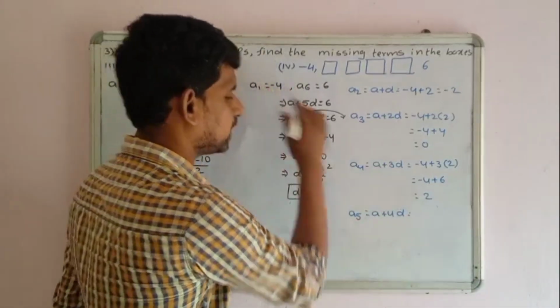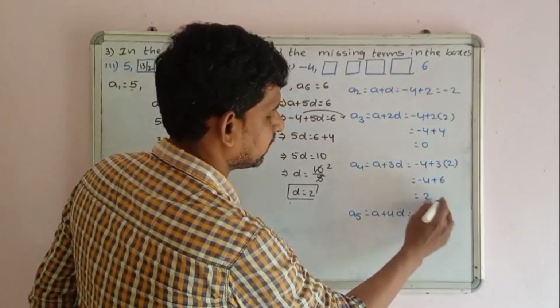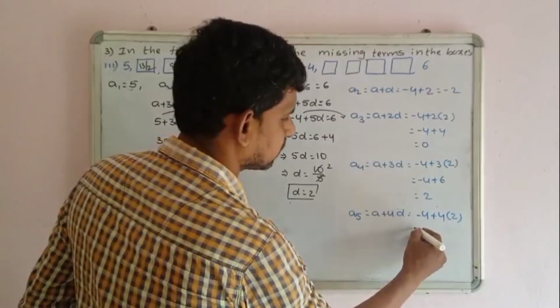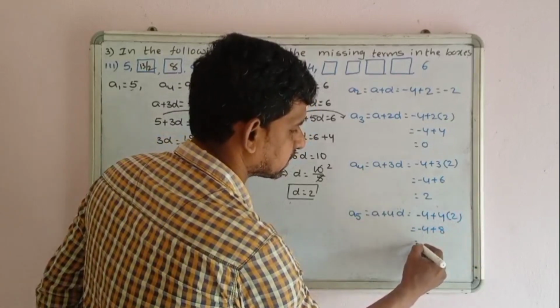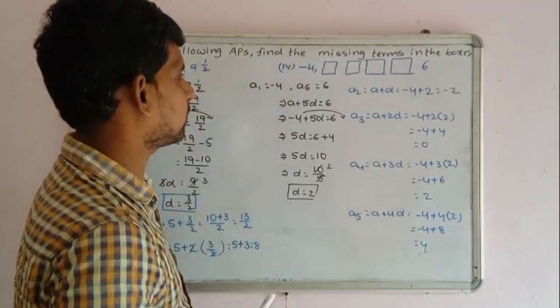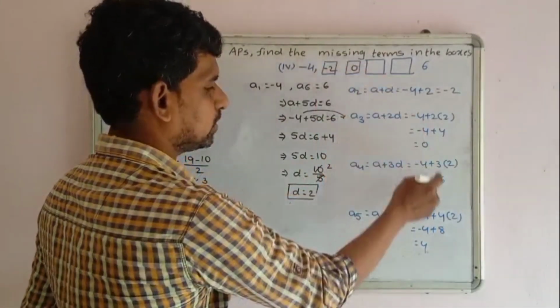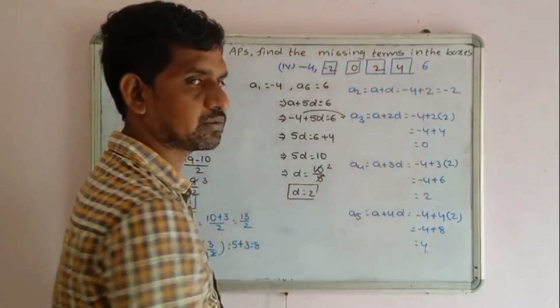So A value minus 4 plus 4 times D value 2. So minus 4 plus 4 2s are 8. 8 minus 4 is 4. So the value of A2 is minus 2, A3 is 0, A4 is 2, A5 is 4.